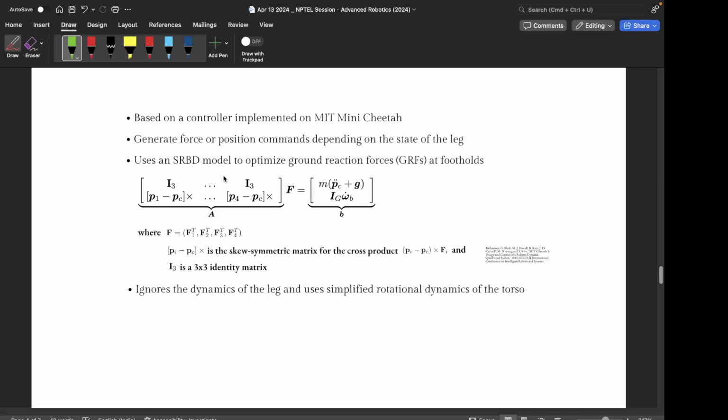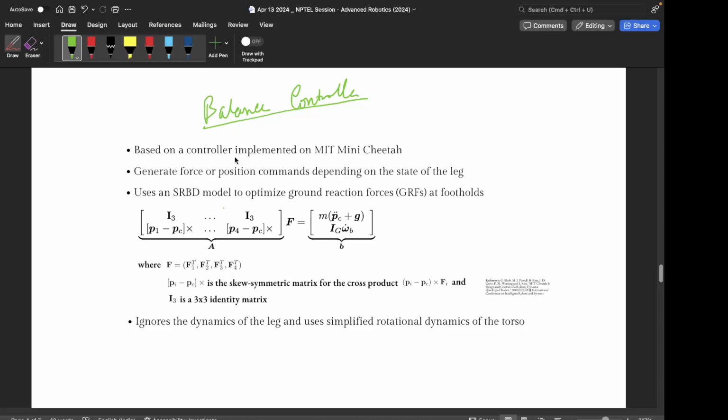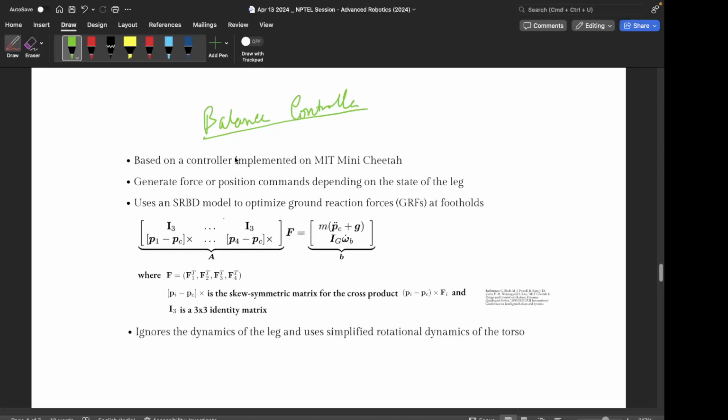Now first we will see what the balance controller does. The aim of this controller is to decide what forces the legs, which are in stance of course, should apply in order to apply a certain desired force and torque on the base.